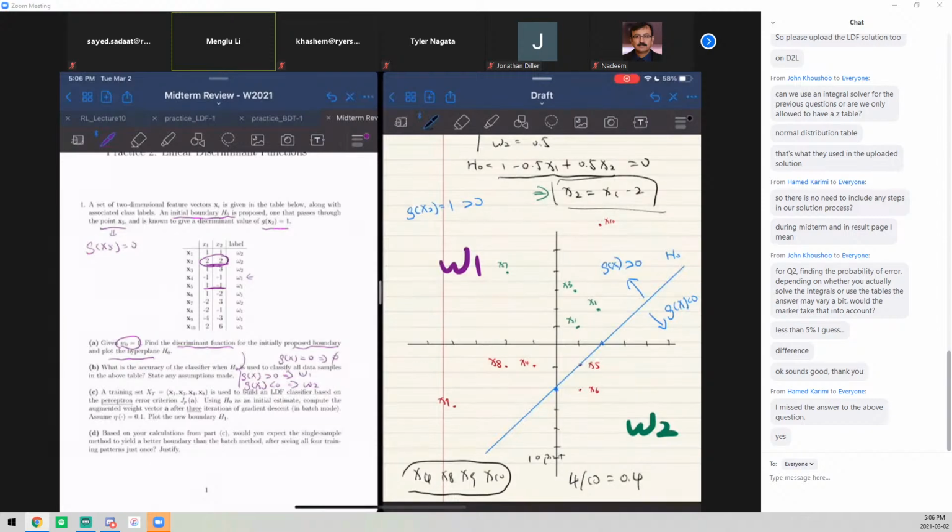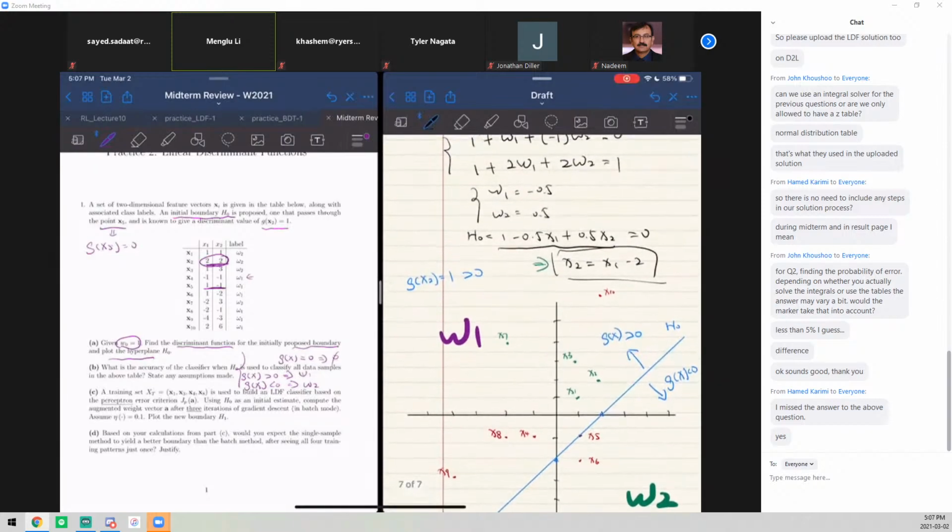I solved this question by looking at the graph, but you can solve it by using the g function equation. For example, I can plug in the value of x1 and see whether it's larger than 0 or less than 0. You can also do it that way.